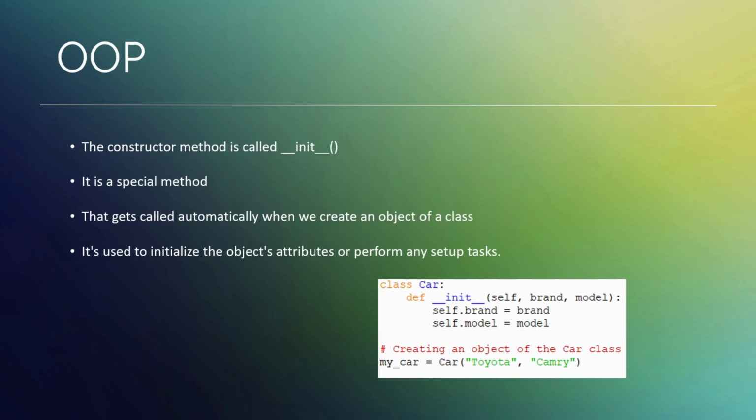Why is it special? Whenever an instance or object of a class is created, this function gets called automatically. We do not need to call it specifically. It just gets called whenever we create a new object of the class. Okay. Now, why is it important?